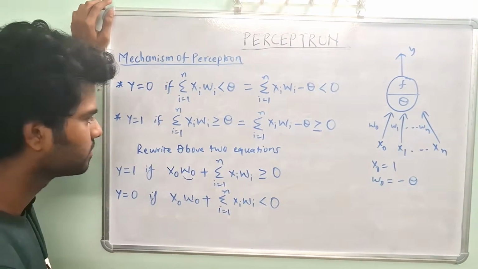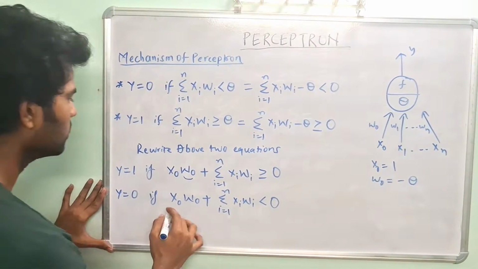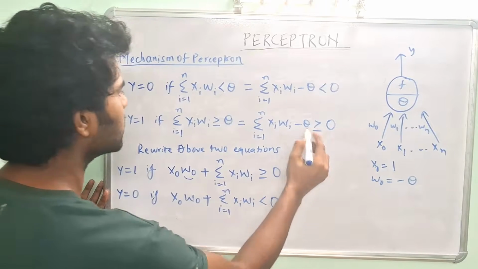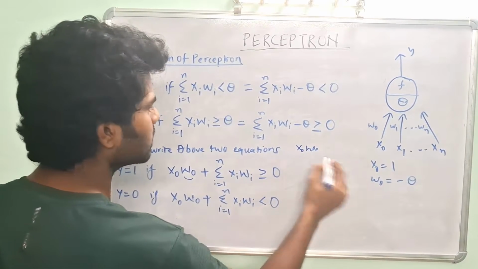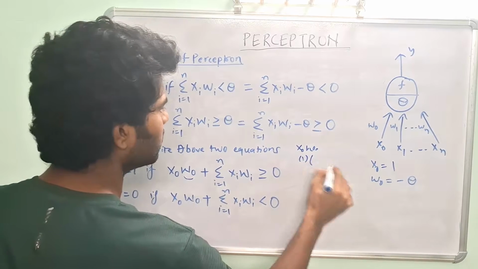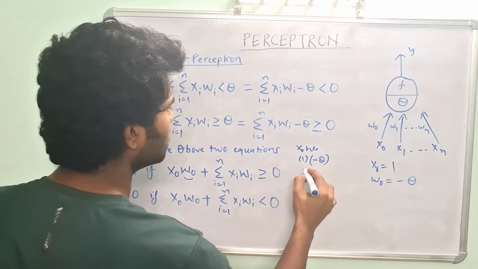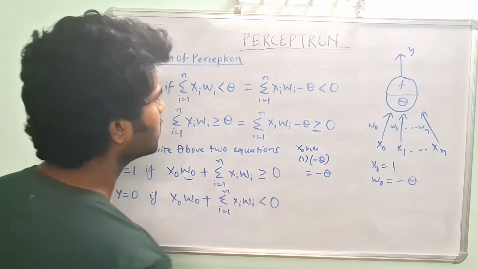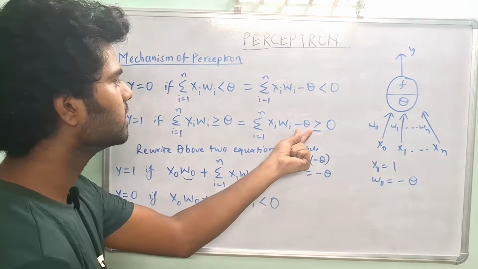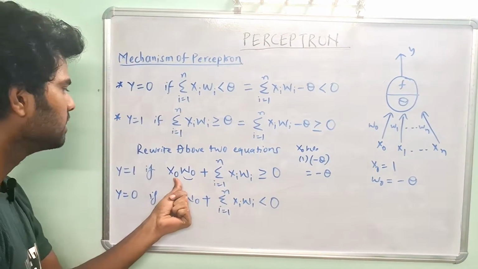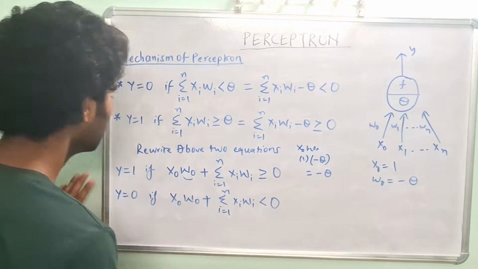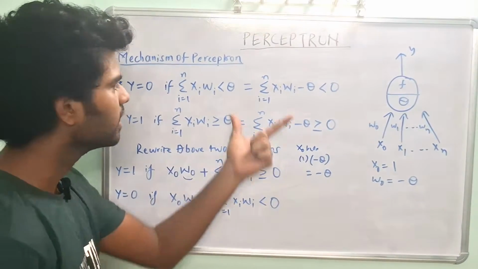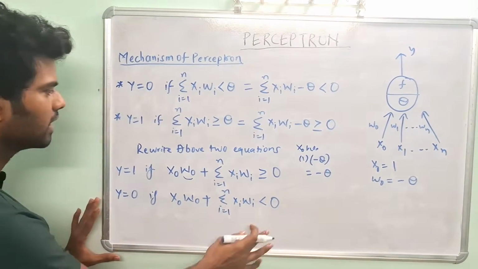In this case x naught w naught, x naught is 1 and w naught is minus theta, so it equals minus theta only. So in the place of minus theta I have written x naught w naught. That's it, nothing I have changed, I am only rewriting the two equations like this.